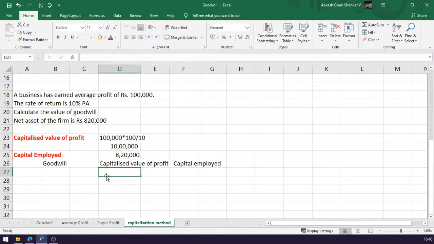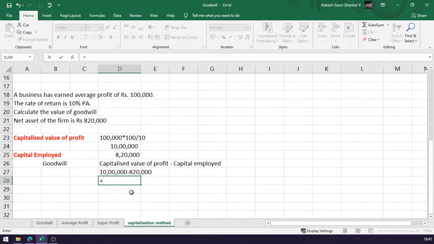When we capitalize this profit, our capitalized value of profit is rupees 10 lakhs minus the actual capital employed, which is 8 lakh 20,000. So when we subtract, our goodwill will be 1,80,000. In this method, we will not multiply this with the number of years of purchase. We will calculate the difference between the capitalized value of the profit and the capital employed as the goodwill.